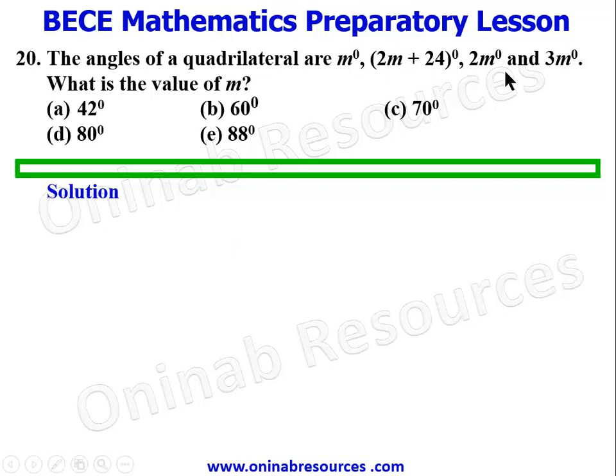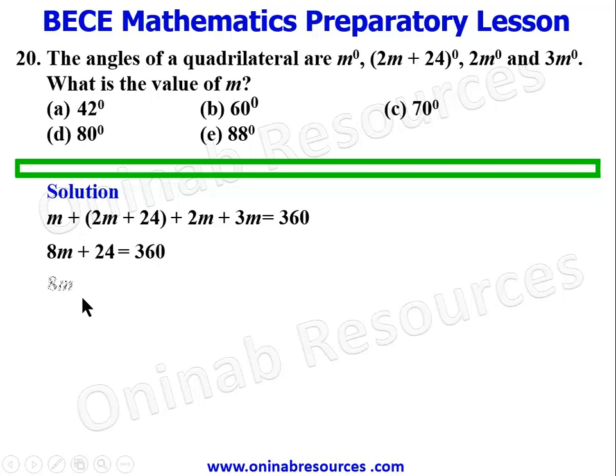So we are going to add the four angles. That's m plus 2m plus 24 plus 2m plus 3m is equal to 360 degrees. So m plus 2m gives 3m, 5m, 8m. That's 8m plus 24 is equal to 360 degrees.